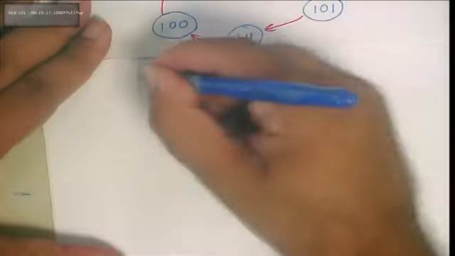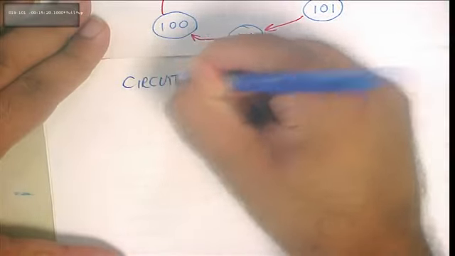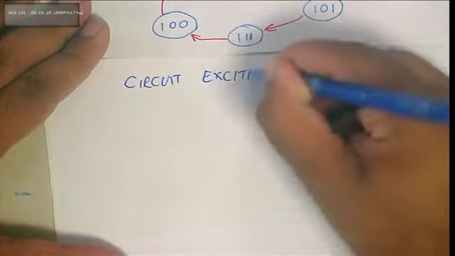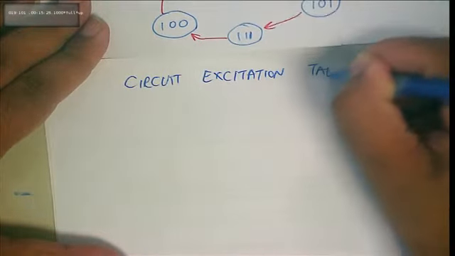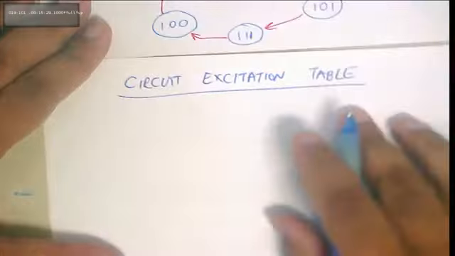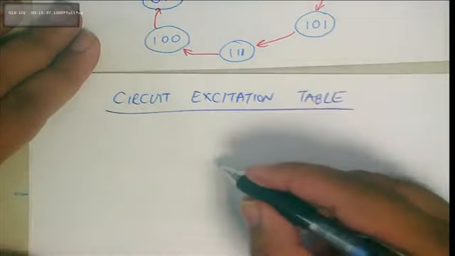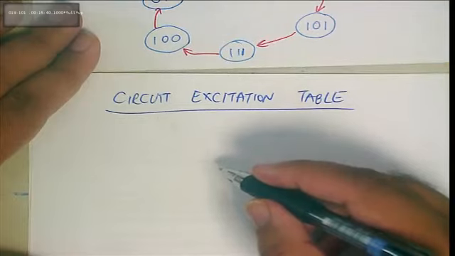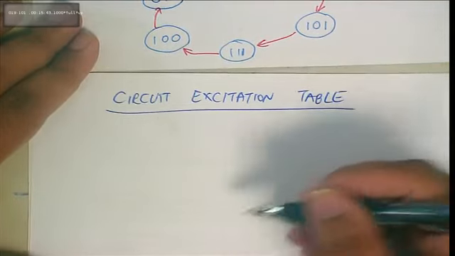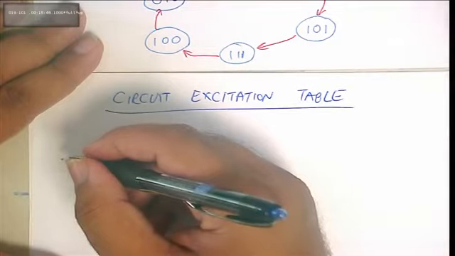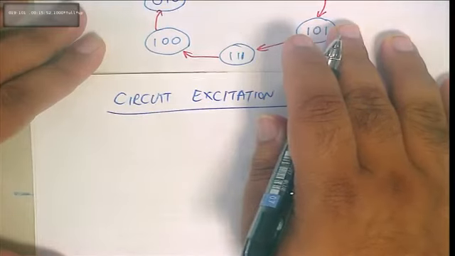Okay, so let's now put this in a table. They call this the circuit excitation table. Okay. Circuit excitation table. Here we go. So what do we have? We have our current state. So let's call each of these 3 flip-flops we need.